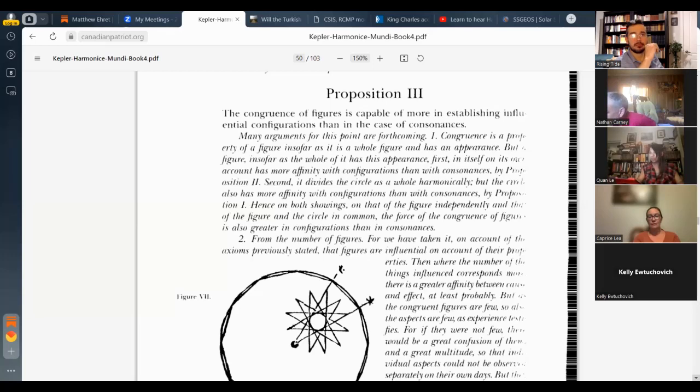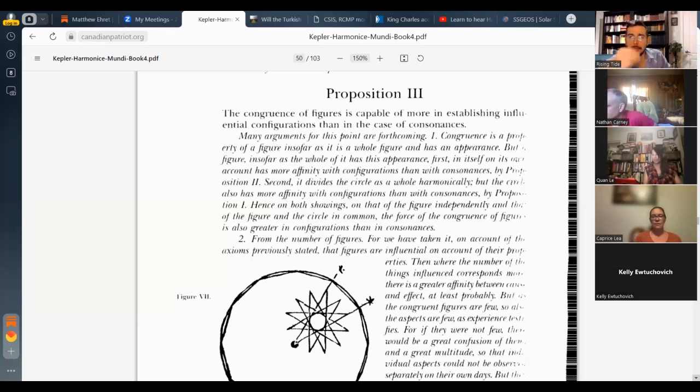Congruence is a property of a figure insofar as it is a whole figure and has an appearance. But a figure, insofar as the whole of it has this appearance, first, in itself, on its own account, has more affinity with configurations than with consonances by proposition 1.